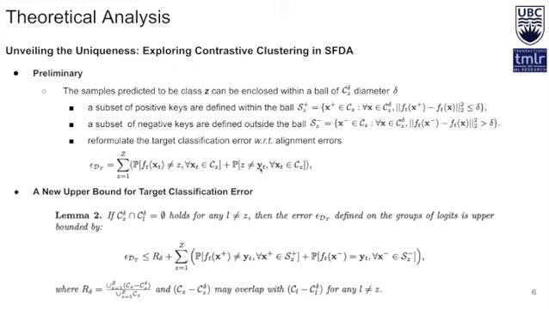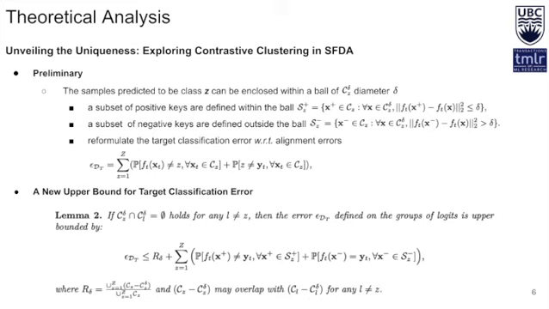Therefore, a new upper bound for the target classification error can be derived in our Lemma 2. For Lemma 2, we demonstrate that the target classification error can be upper bounded by the sum of three terms. The first term is the ratio of samples that are outside the ball defined by the diameter delta of the cluster.